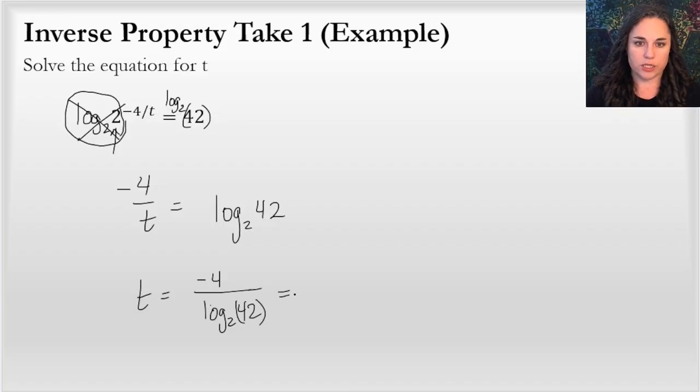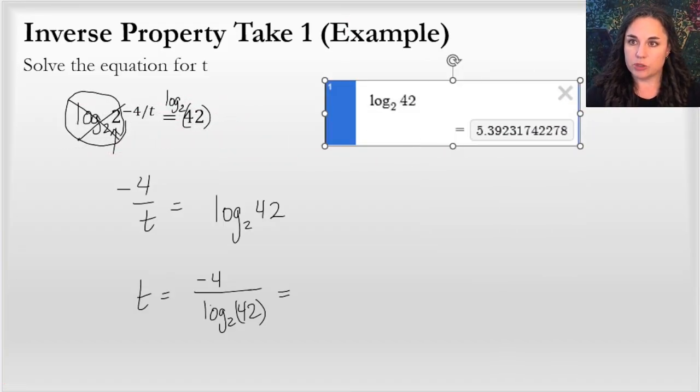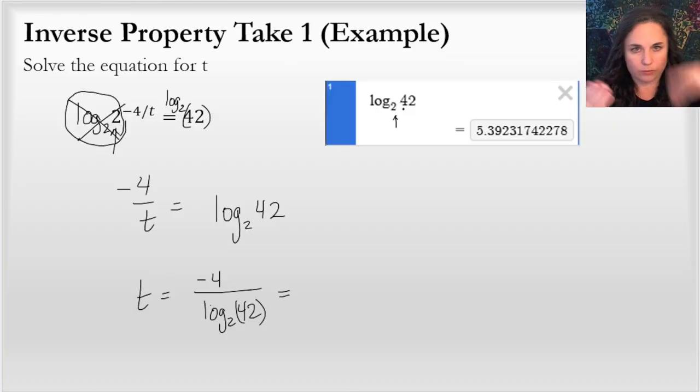So when I solve for t, you can plug this into your calculator. What I did, my friends, is I plugged this into Desmos. You can see the Desmos answer here. Desmos lets you do a log with a base. You just do an underscore, and you can access that. You can program it into, I think, the keyboard settings. So that's how I did that.